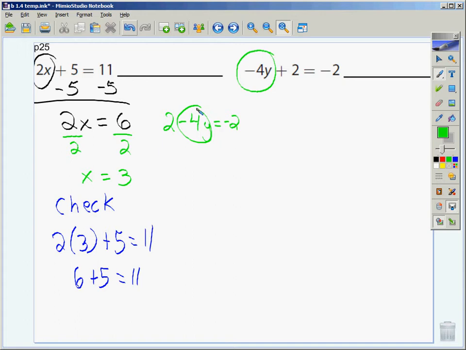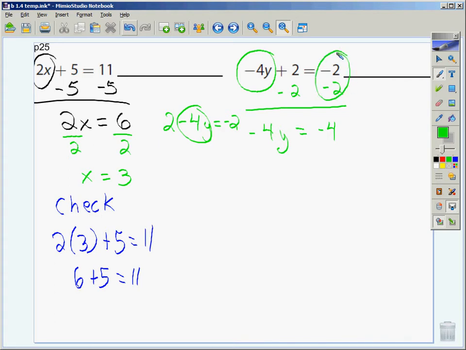So, how am I going to get rid of adding 2? Subtract 2 from both sides. It's going to give me negative 4y equals negative 4. A negative 2 and a negative 2 both have what? The same sign, right?